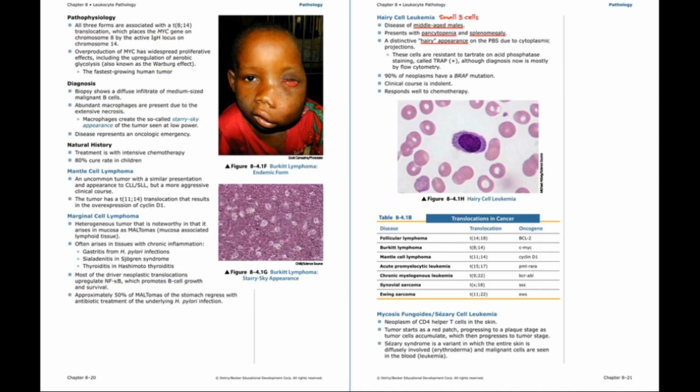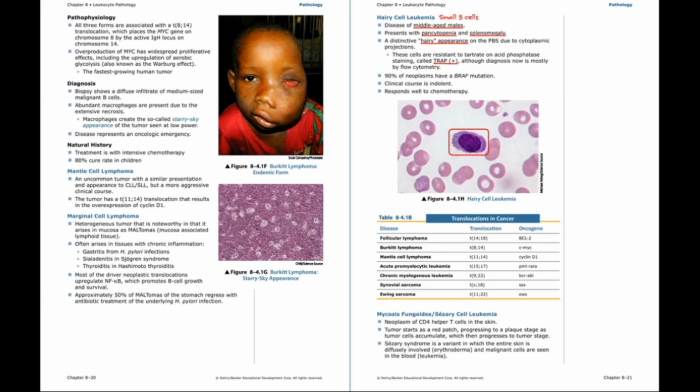An example of this is seen in figure 8-4.1h, and with a small lymphocyte shows the feathery cytoplasmic margin. These cells are resistant to tartrate on the acid phosphatase stain and were given the name, therefore, TRAP-positive cells. This is not seen in routine medicine anymore, in which diagnosis is mostly established by flow cytometry.